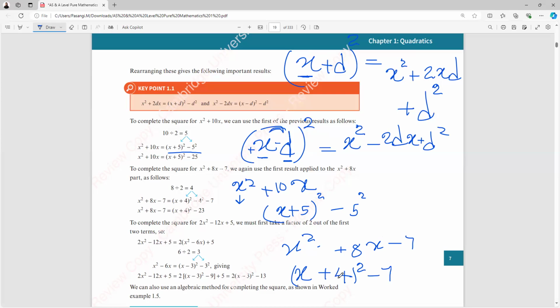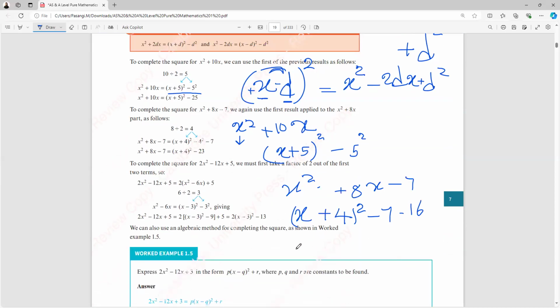But an additional term is coming, that is plus 16, so I have to remove that as well, that is 4 squared. So the final answer is (x plus 4) complete squared minus 23. That's how it is.